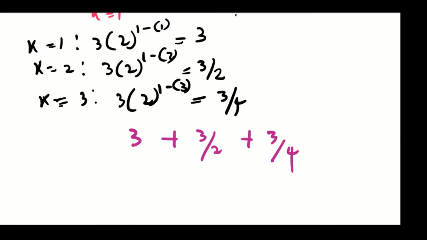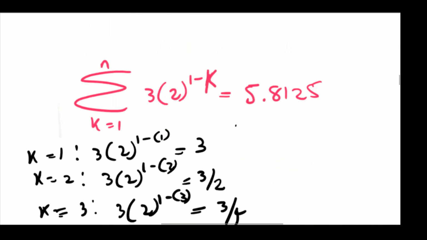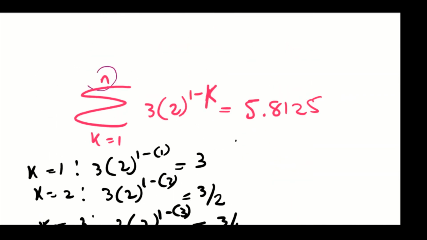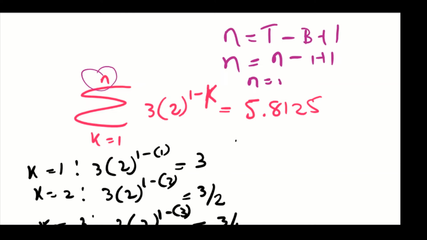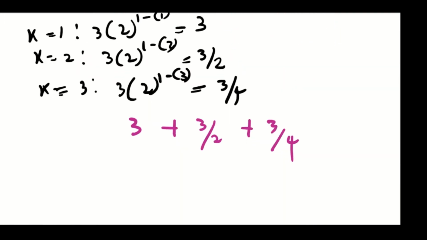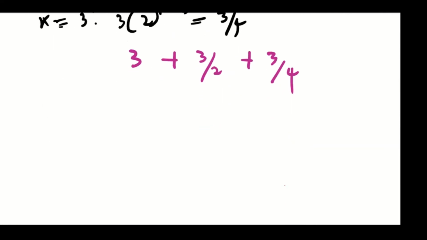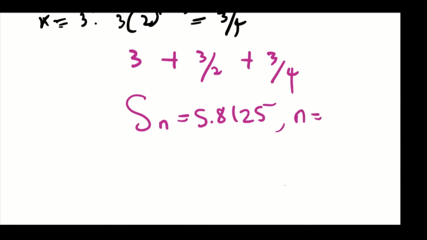So to find n, remember that the number of terms is equal to top minus bottom plus 1. So the top is n minus the bottom is 1 plus 1, so the number of terms is n, right? To find n, we know that Sn is equal to 5.8125, and you just want to find n.